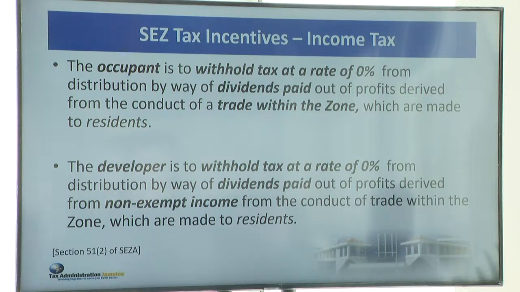Now, what is your non-exempt income? Developers, pure developers. Who are any pure developers here? No? Well, for the pure developer, that non-exempt income is your rental income that is collected from your connected persons, your subsidiaries, etc.